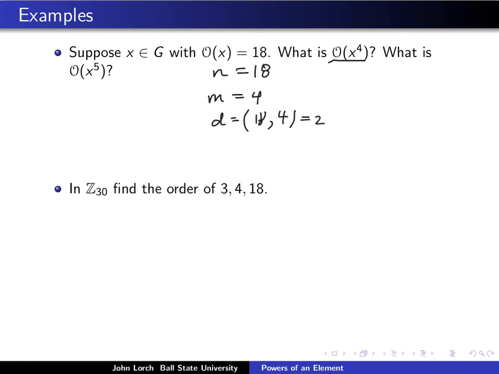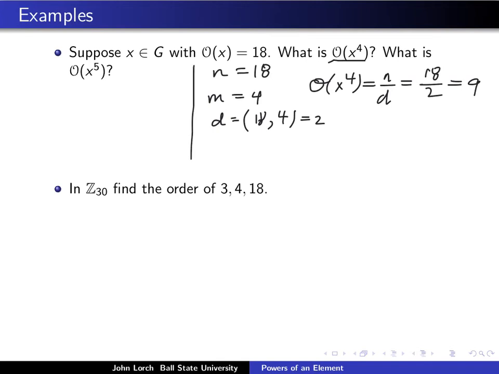And now if we use the previous theorem, this tells us that the order of x to the fourth is n over d. But if we take n over d, we get 18 over 2. And that's 9. So that's the order of x to the fourth.